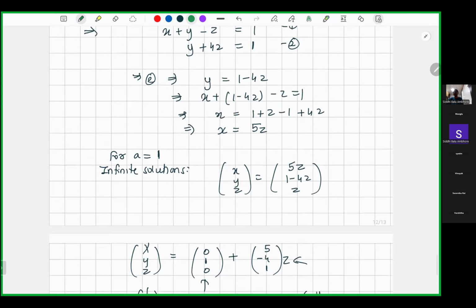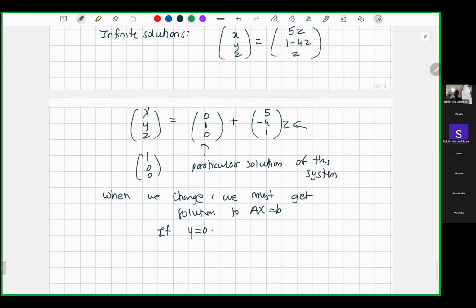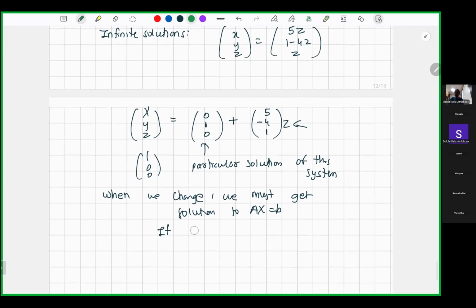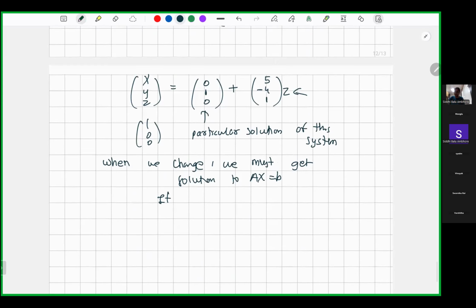Okay, so what we are doing is actually correct. Now it should not be y is equal to 0, it must be z is equal to 0. When we change z, the choices of z must give us infinitely many solutions.